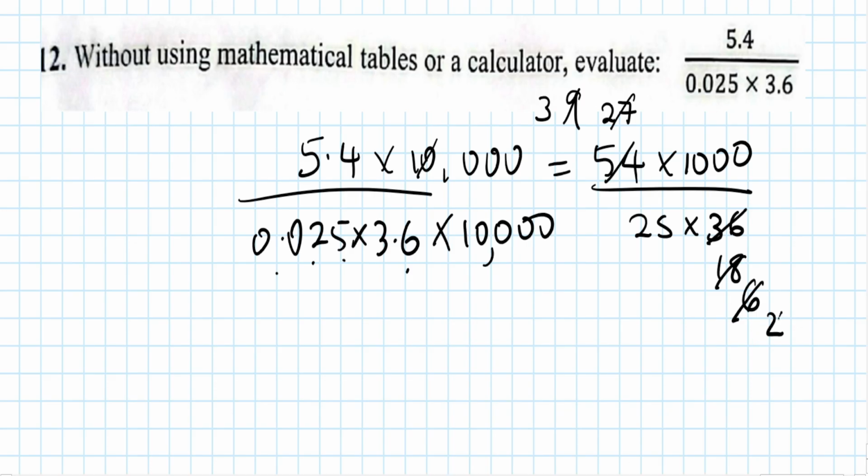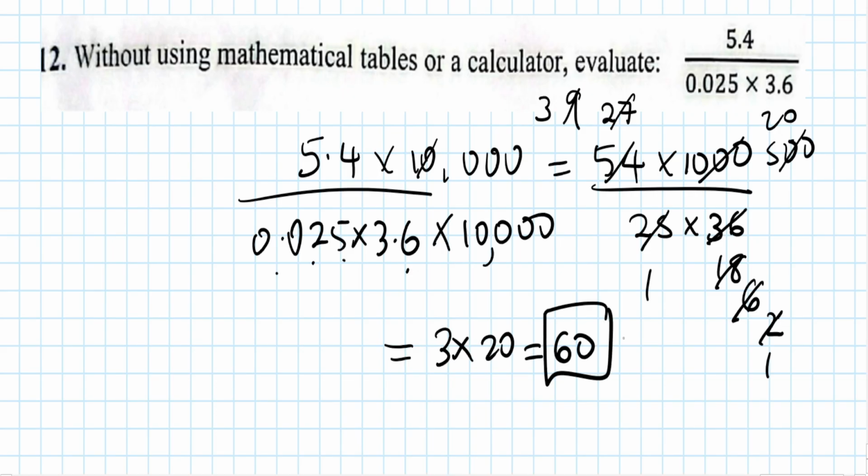Then obviously divide by 2, this one gives you 500, and 25 goes into 500 20 times. So the final answer will be 3 times 20, which is 60.